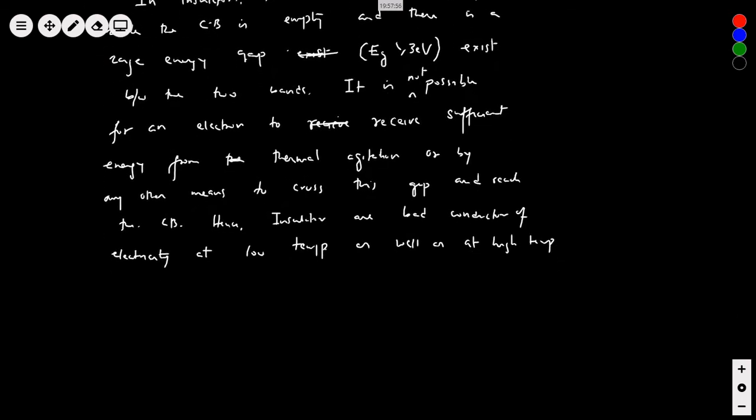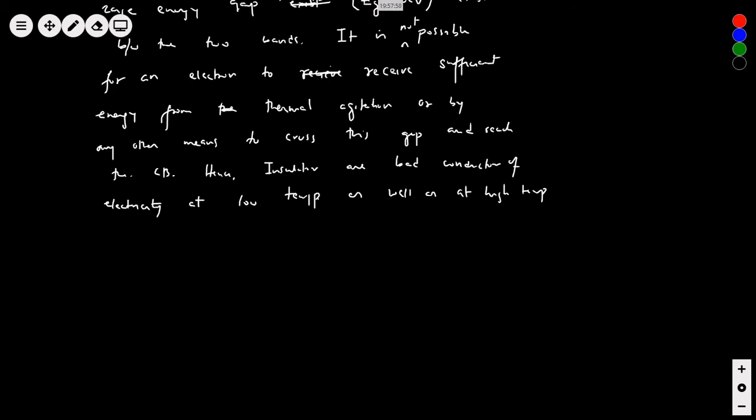So if I draw the band structure, you see in some cases it is, for example, a diamond. For diamond, the energy gap is 7 electron volt. So it is a very bad conductor of electricity, and it is a very good insulator. 7 electron volt for diamond.